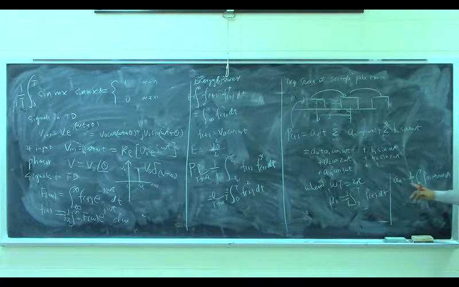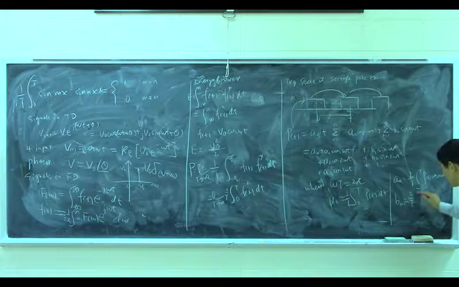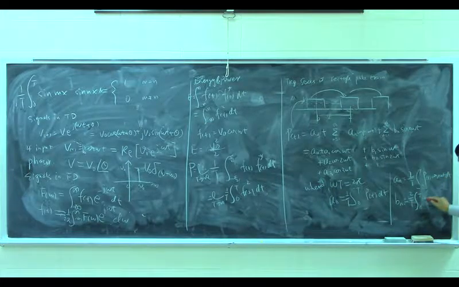Let n equal 2, do this integration, and you get a2. Same thing for b_n: 2 over T, the integration of p(t) times the sine function sin(n omega t) dt.